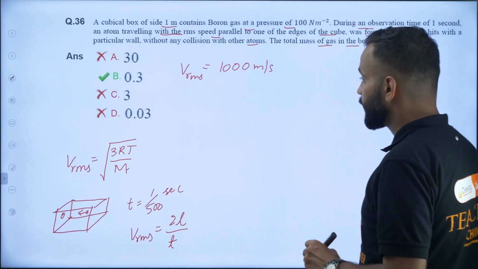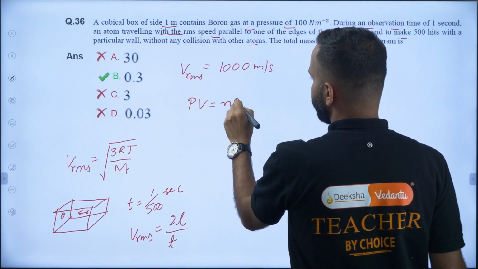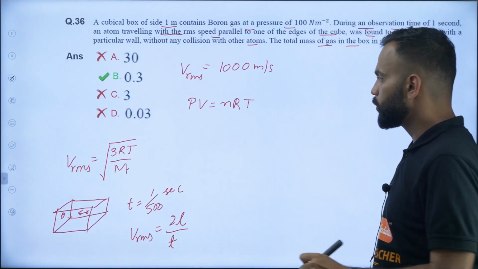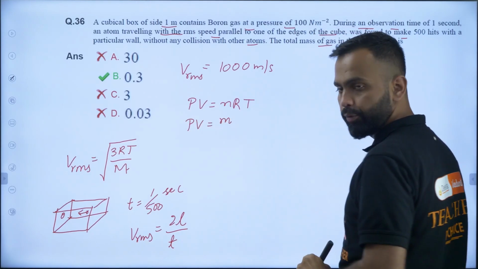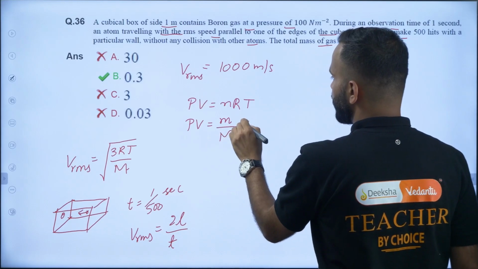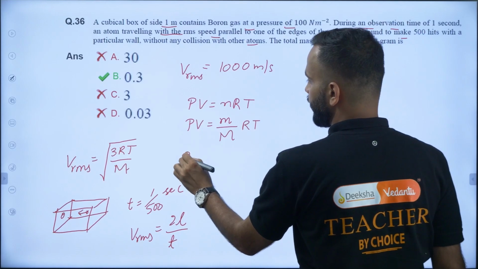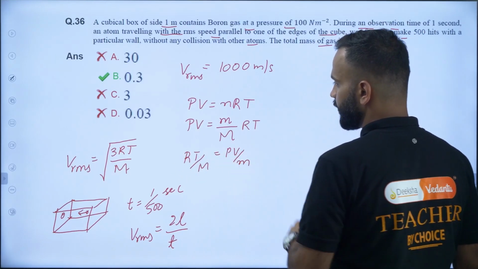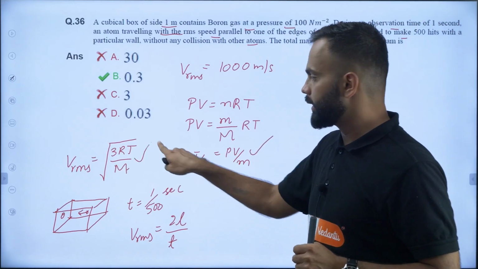But we know the ideal gas equation. What is the ideal gas equation? PV is equal to nRT. What is n? Number of moles. So PV is equal to the weight of the given gas divided by the molar mass of the gas, into RT. So RT by M is equal to PV by M. Now substitute PV by M into this equation.